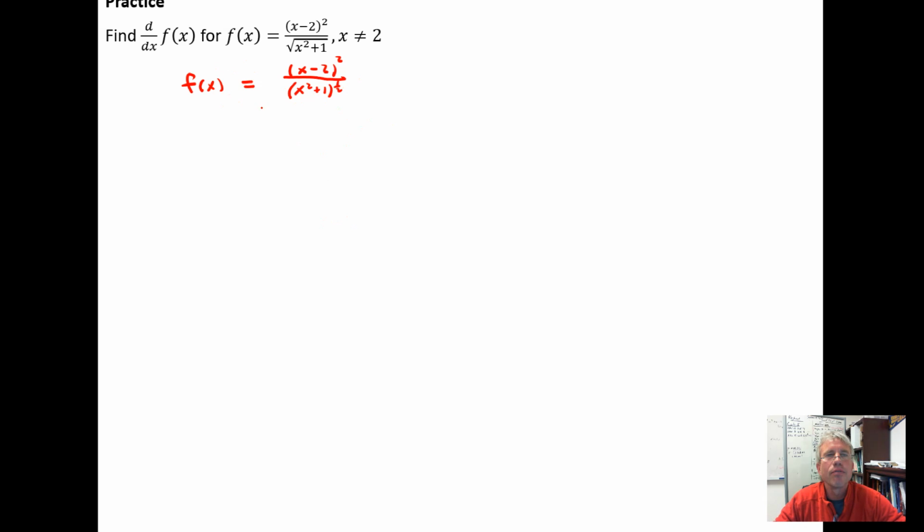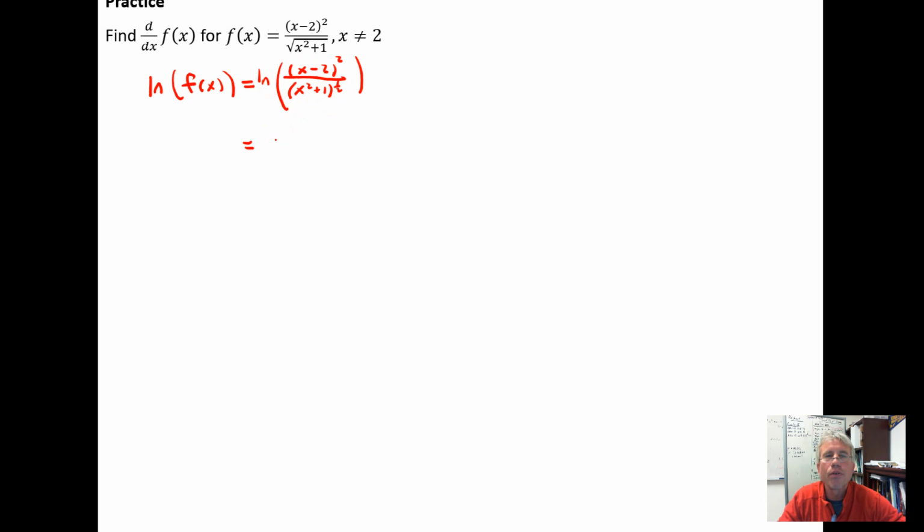I don't have a logarithm to begin with, but what I can do is take the natural log of both sides. And once I've taken the natural log of both sides, I can then use logarithmic properties to take this right-hand side and break it apart.